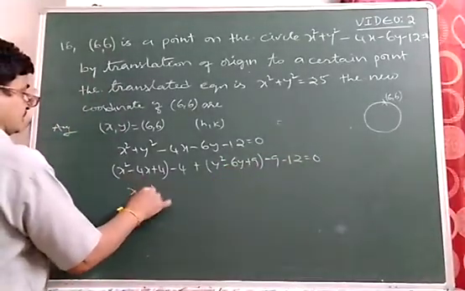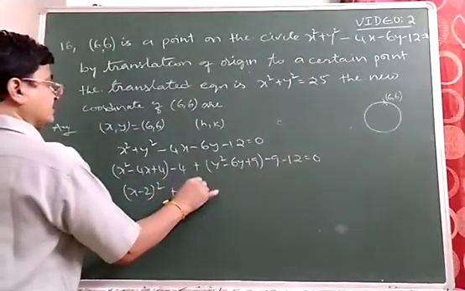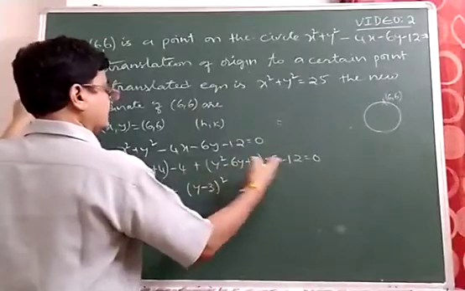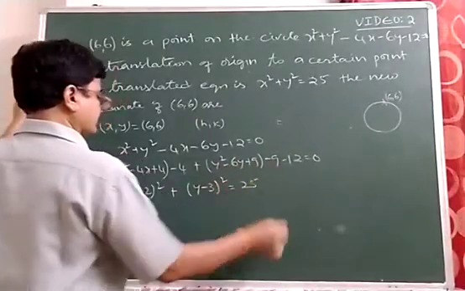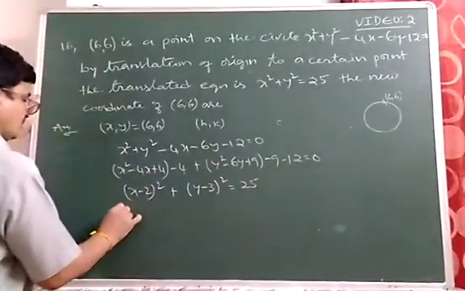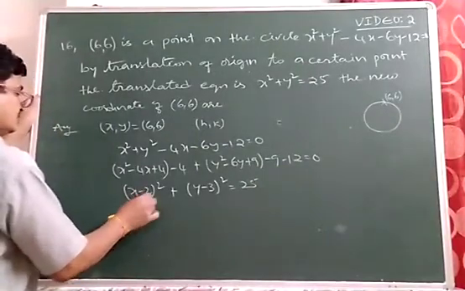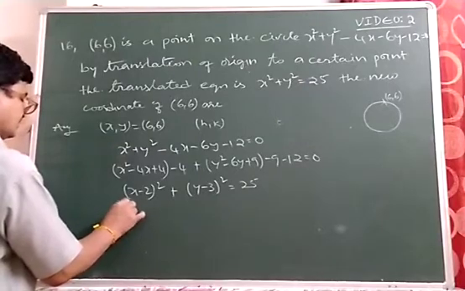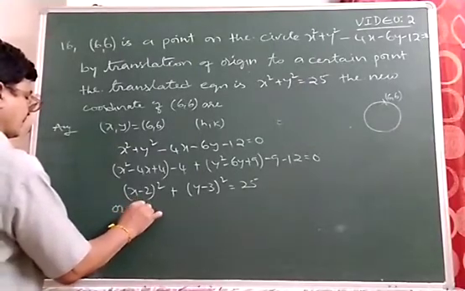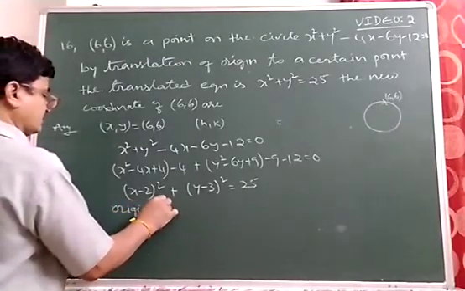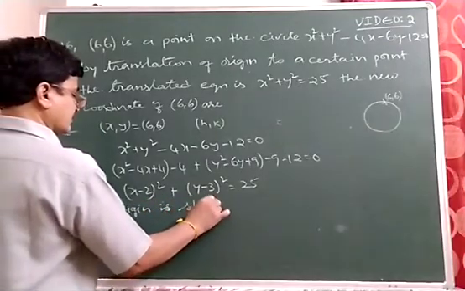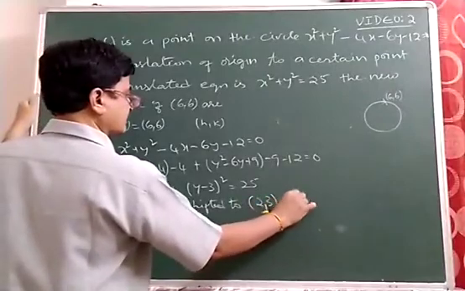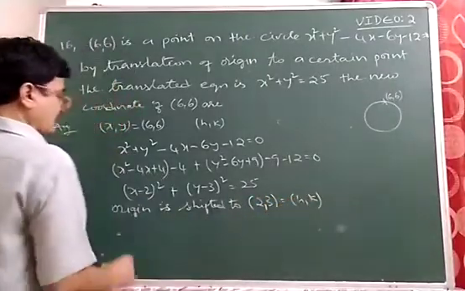Now this can be written as x minus 2 whole square plus y minus 3 whole square is equal to 25. Now the origin is shifted to 2 comma 3, that is h comma k.